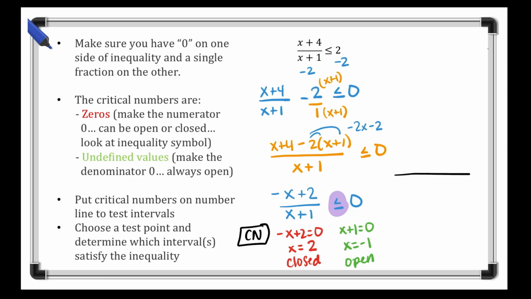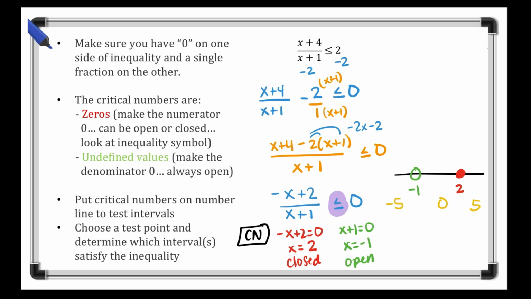So we're going to make our number line. We're going to put negative 1, open circle, and then 2 as a closed circle. Look for some values that we can test, so we'll just make it negative 5, 0, and 5.